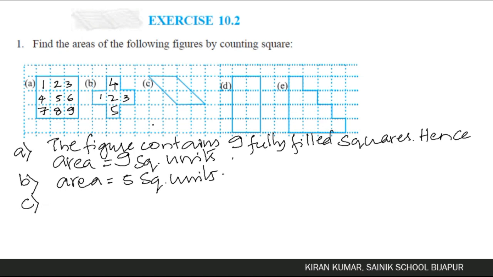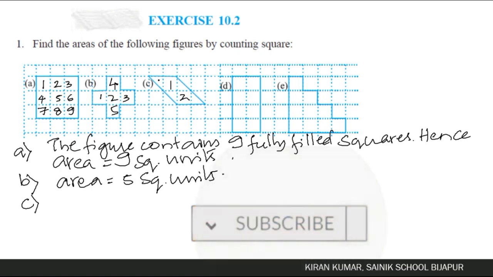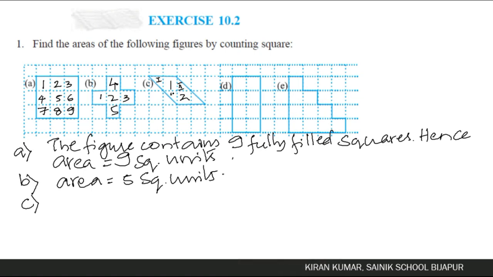Here, if you observe it properly, you will come to know there are only 2 fully covered, fully filled squares, and there are, let me mark in the Roman, first, second, third, fourth.